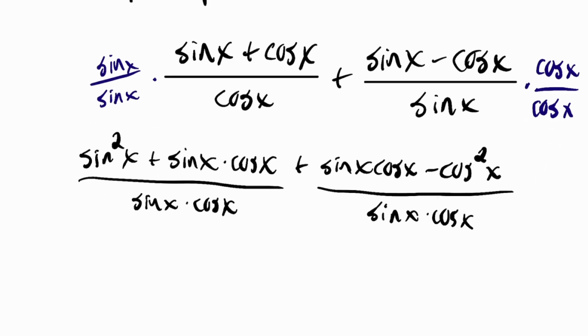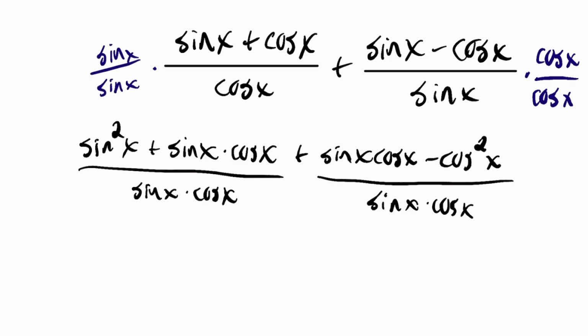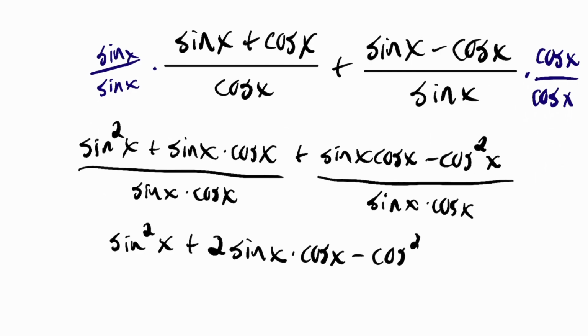Okay, so now if I combine the two numerators together, I can combine like terms as I go. These two can be added together, right? So this is going to become sine squared x plus 2 sine x times cosine x minus cosine squared x.